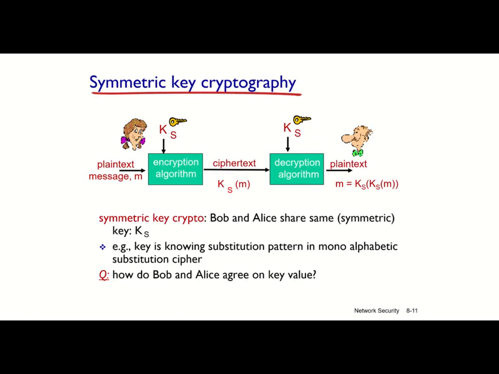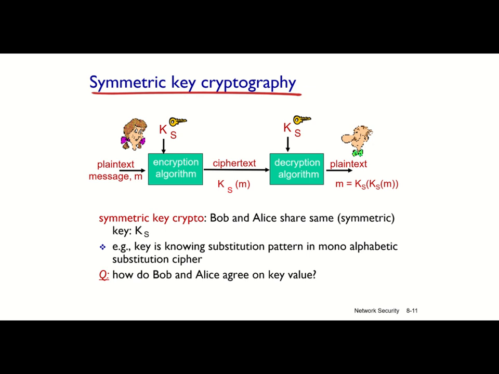Sometimes the encryption key and decryption key are both equal. We call this kind of cryptography symmetric key cryptography. As you see here, Alice used K sub S, which is the same as Bob's key, which is K sub S, and then Ks of M, where M is the plain text, would be the ciphertext that Alice sends through the connection, and Bob simply decrypted by applying Ks again, right?